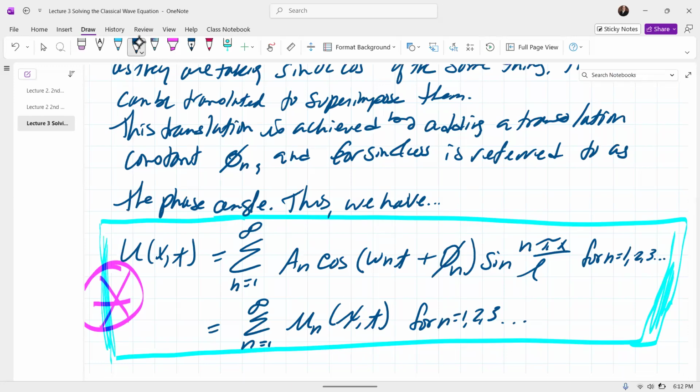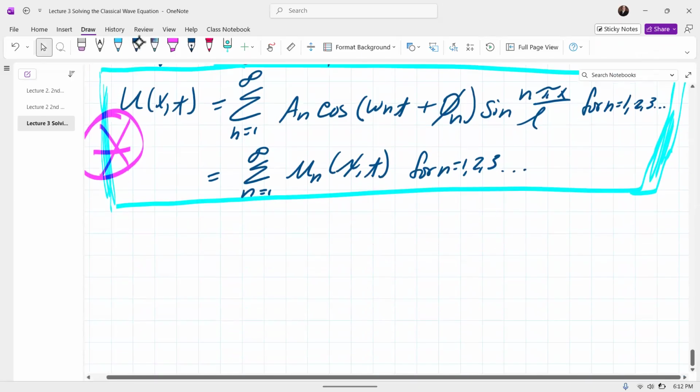What does this mean? Interpretation of the classical wave equation.